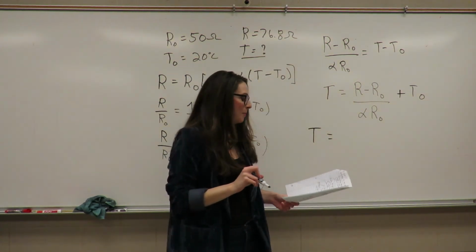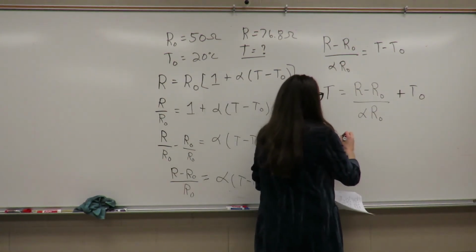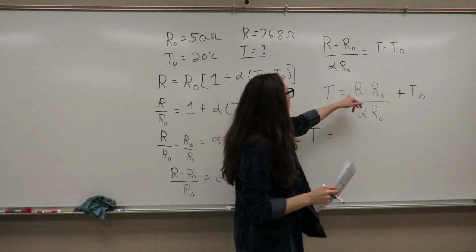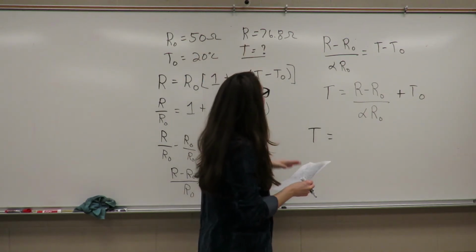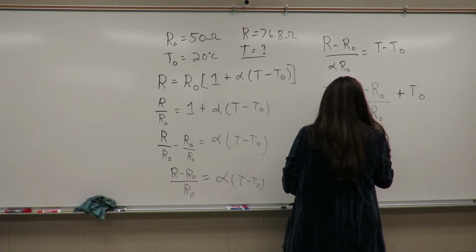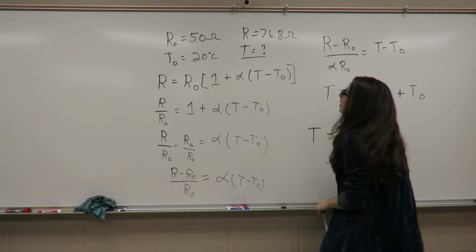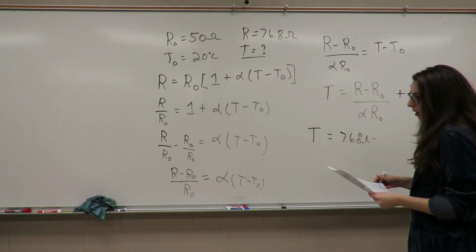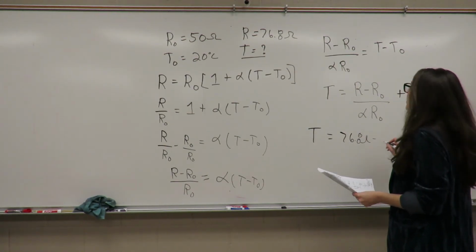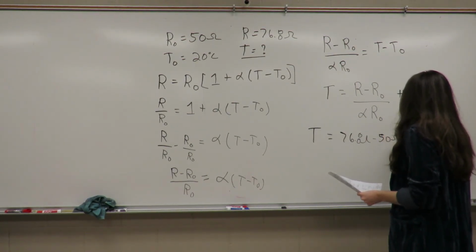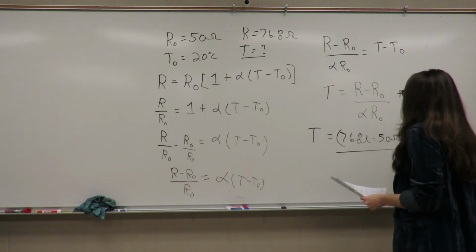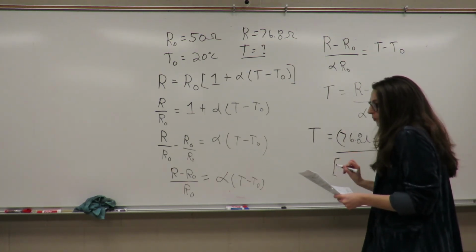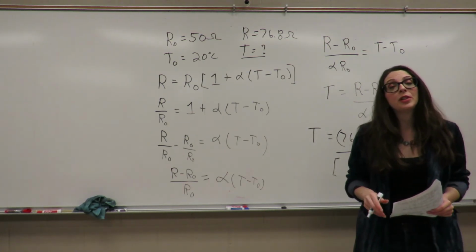I keep on saying iridium. And that is equal to our final resistance, which was 76.8 ohms, minus the original resistance of our resistance thermometer, which was 50 ohms. And I'm going to divide that by our temperature coefficient of resistivity.